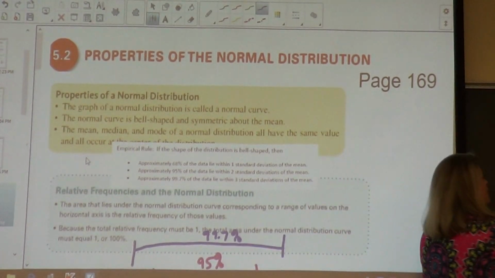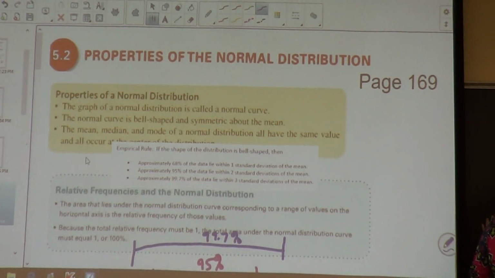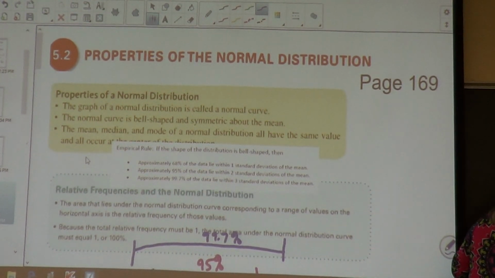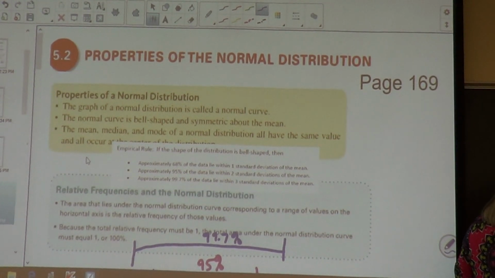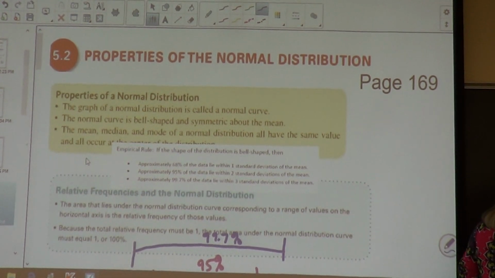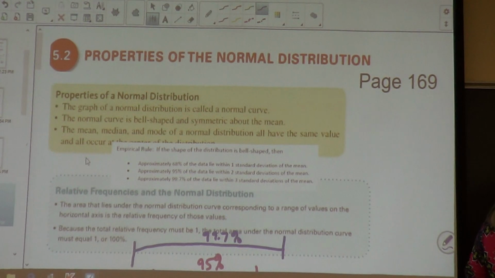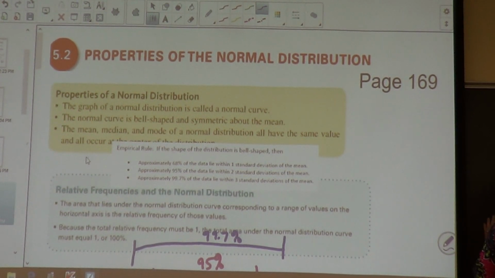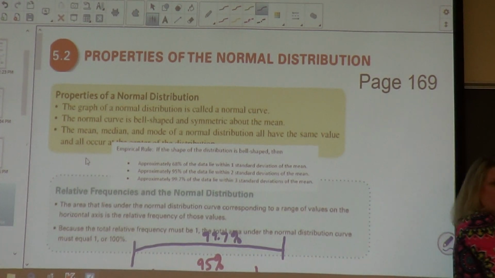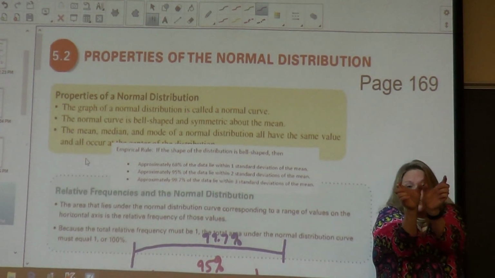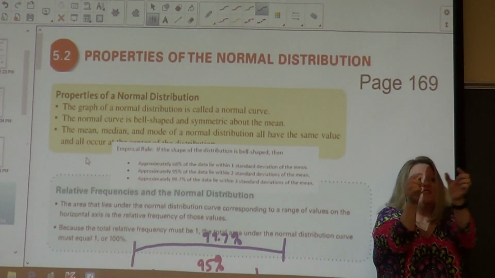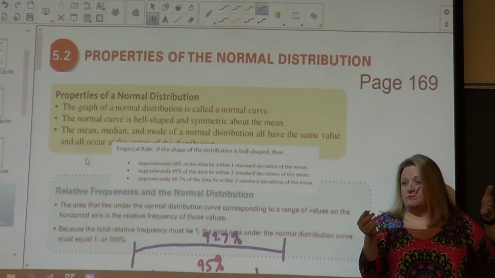Okay? So, what that rule says is that if your mean is in the middle, which we talked about, if you go out one standard deviation in either direction, that represents 68% of the people.